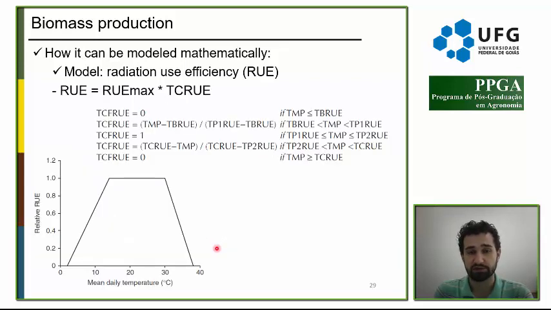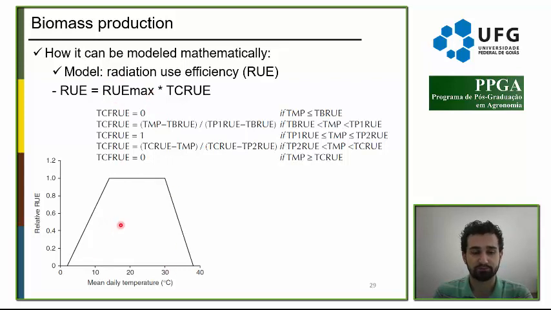The next step is to define the radiation use efficiency. Most of the models work with a potential condition for this radiation use efficiency. They define the maximum under optimal conditions: optimum water, optimum temperature, optimal environmental conditions for this crop. Afterwards, we start to penalize this maximum value by different factors.